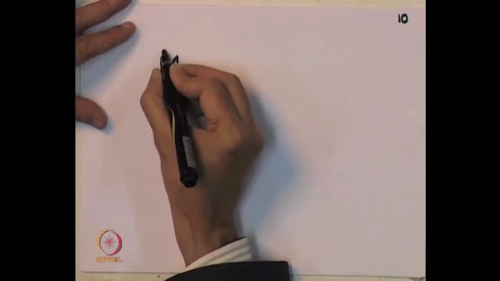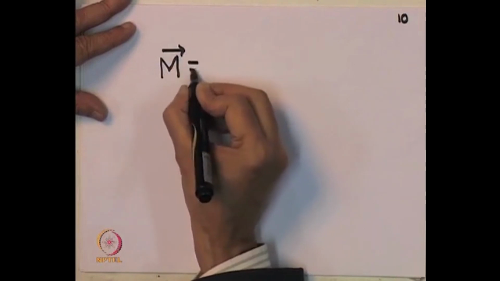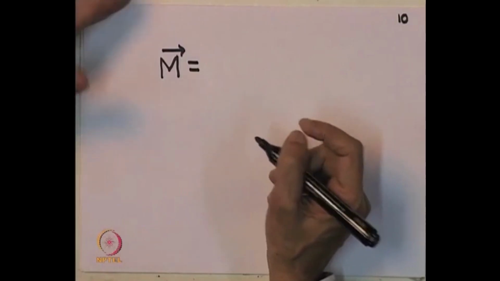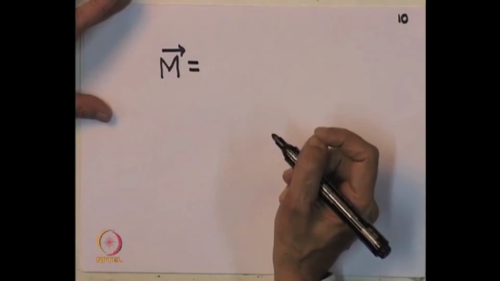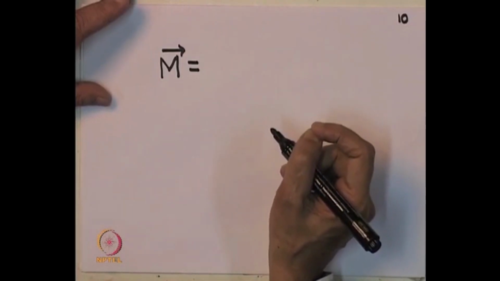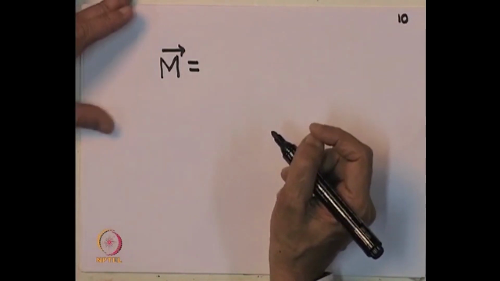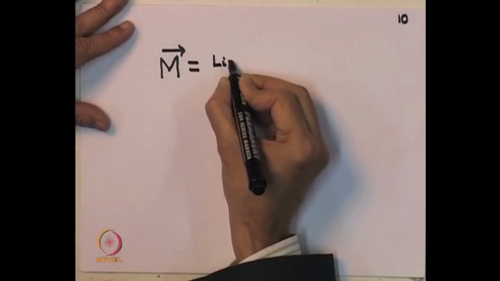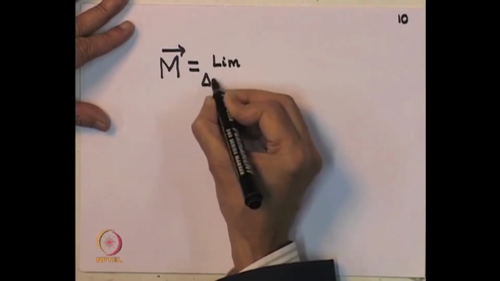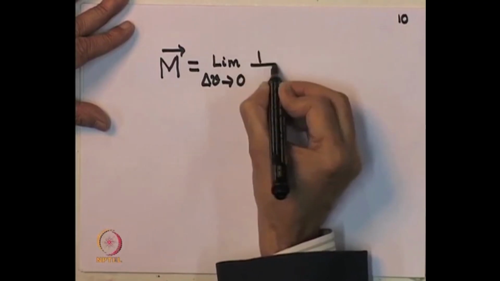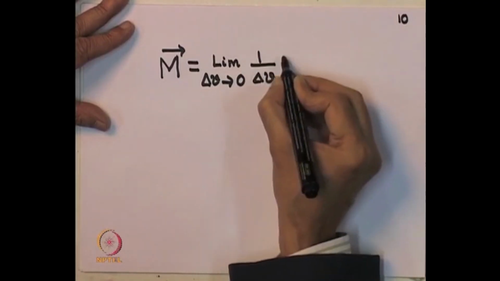The magnetization is defined as follows. I take a collection of material and find out how much is the net magnetic moment. I vectorially add the magnetic moment of each tiny dipole and find out how much is the magnetic moment per unit volume. And of course, I define it in the usual way by taking the volume to be small: delta V going to 0, 1 over delta V, sum over i, m_i.